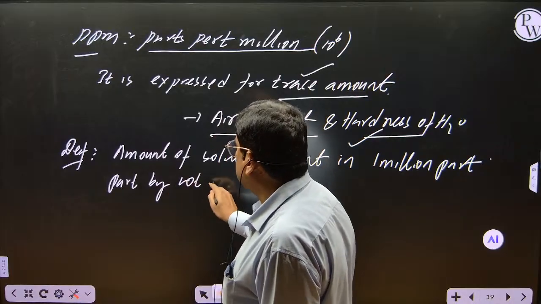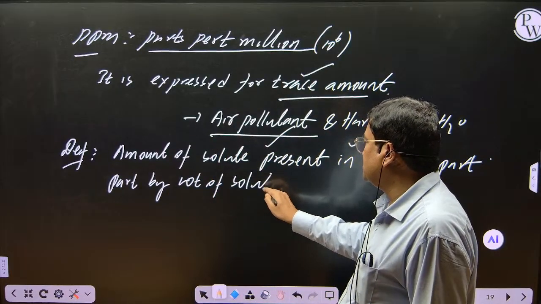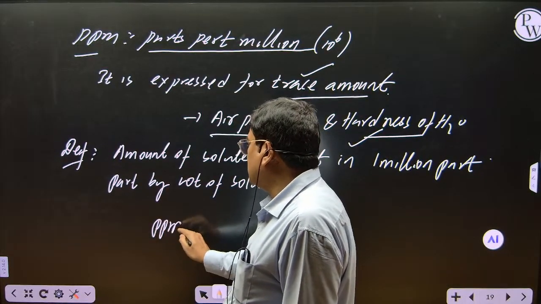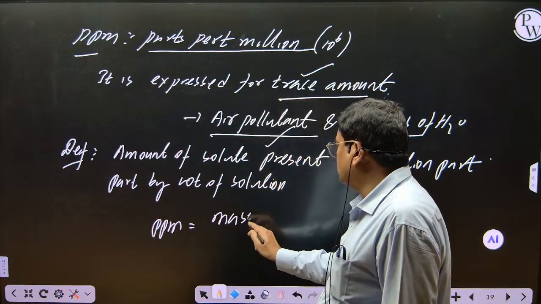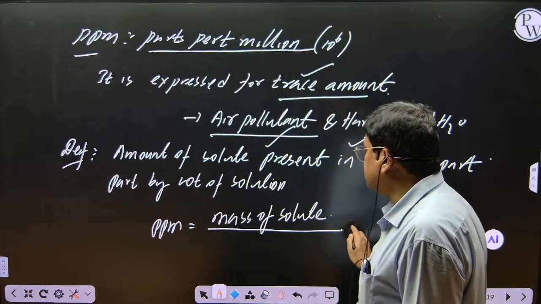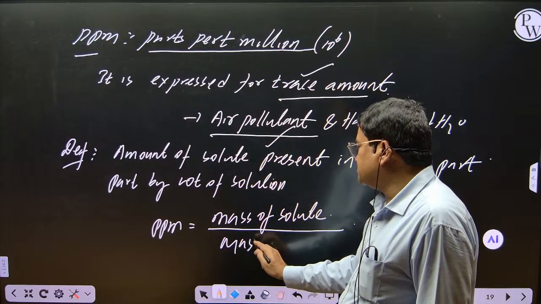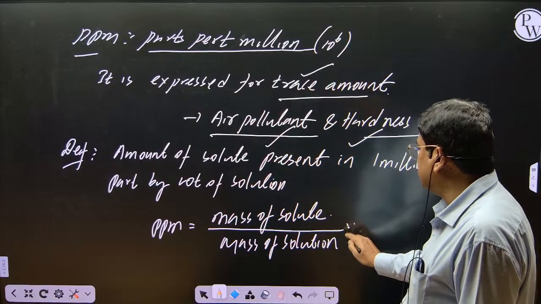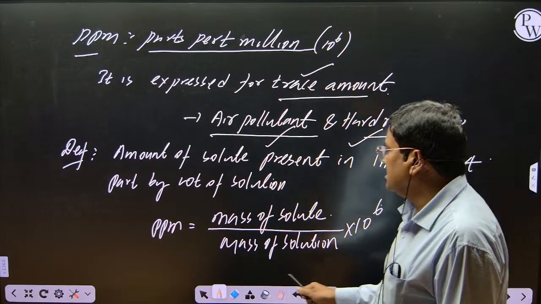This is called ppm. Understood? So ppm, parts per million, is given by mass of solute upon mass of solution, just like mass percentage, students. Mass of solution into, instead of 100, what should I write? 10 power 6. This is the relation for ppm.